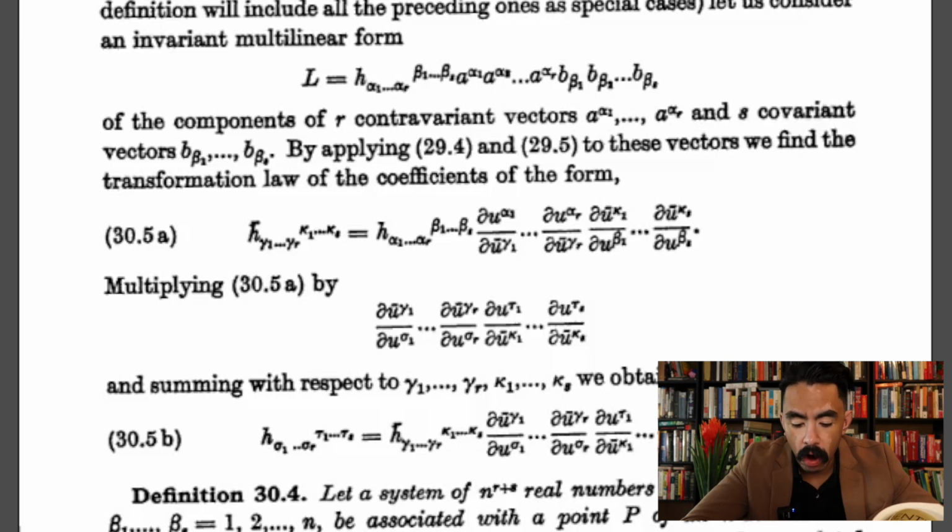Of the components of r contravariant vectors, a with superscripts alpha 1 through a with superscript alpha r, and s covariant vectors, b with a subscript beta 1 through b with a subscript beta s.